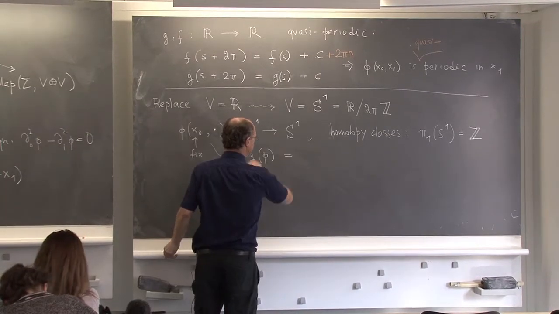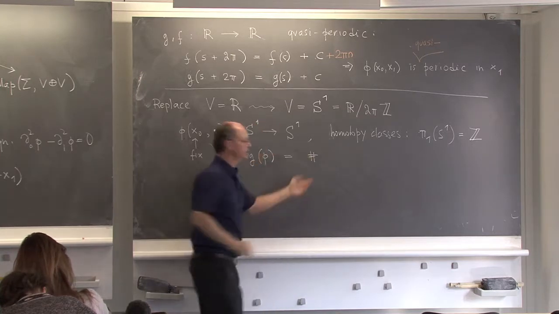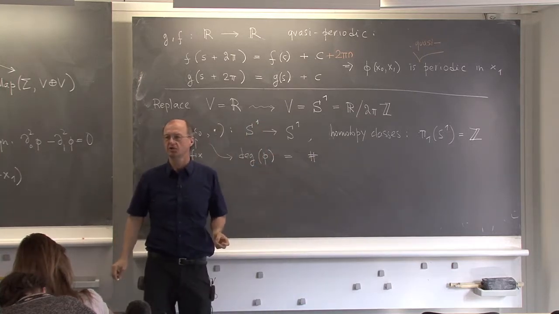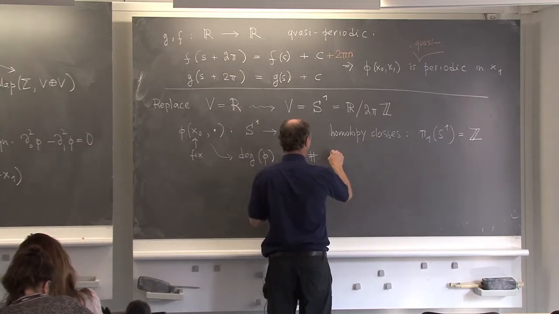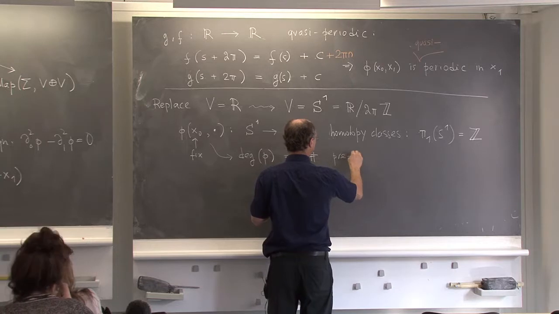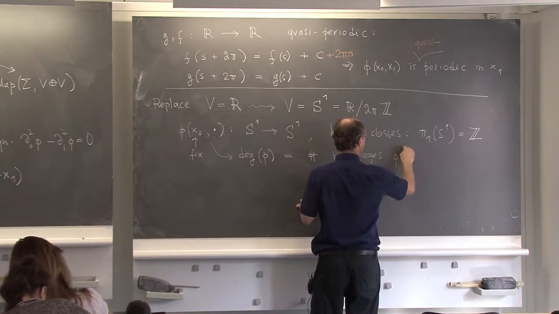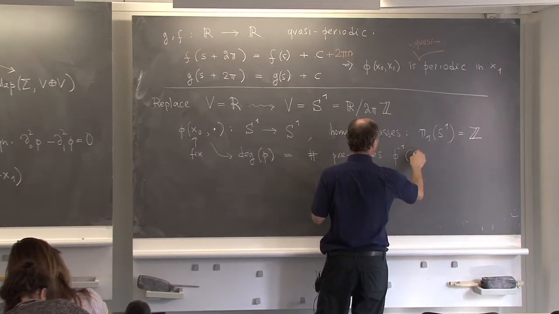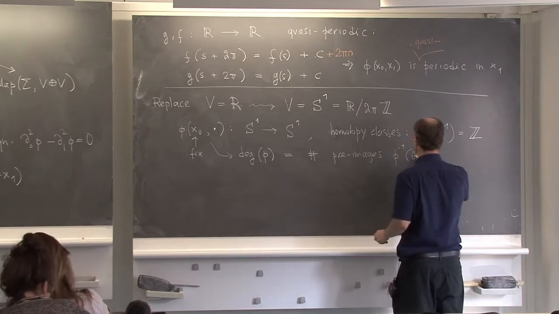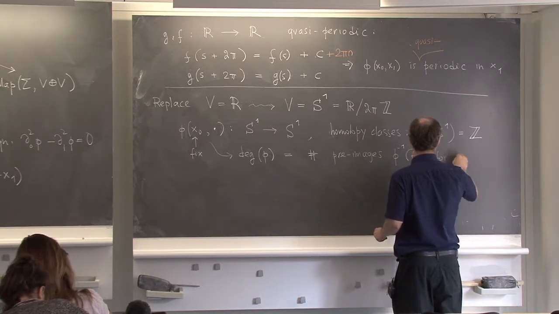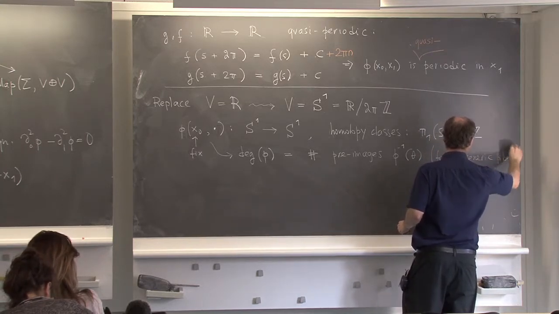And the degree of phi, what is it? Let me write two expressions for it, and you confirm that you agree or disagree. Either you can say that it's the number of preimages, phi inverse of some value, let's say theta, for a generic fiber.